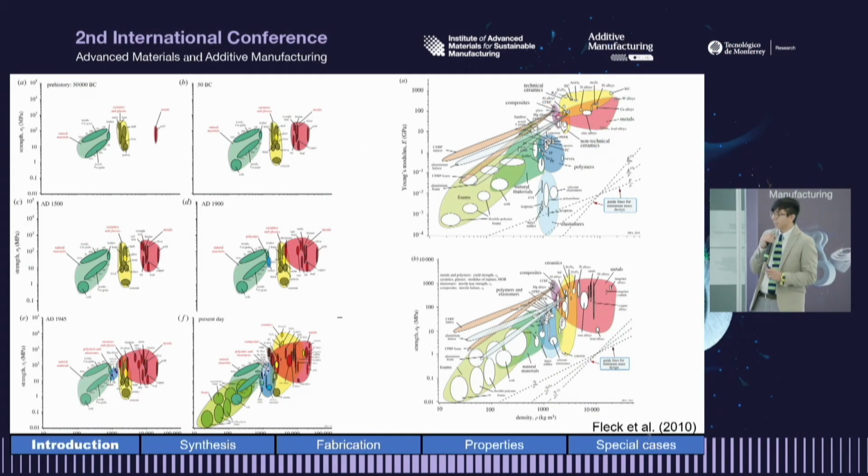The main objective that many demanding applications are waiting for us researchers to come up with solutions for is to fill the gaps in these material property maps. And because of the inclusion of porosity in these structures or materials, we are able to cover some spaces in these maps that weren't covered before.